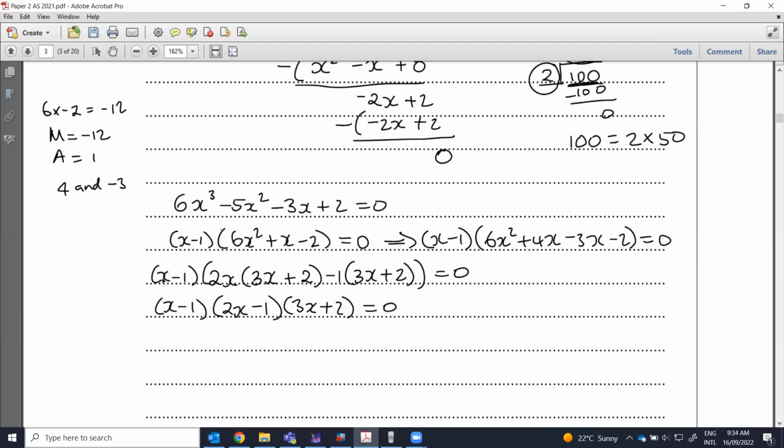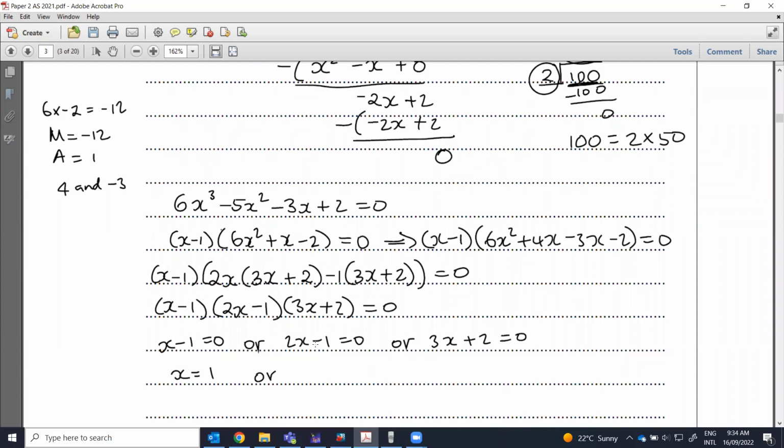Now, the zero product rule says that if you multiply any number of terms together and the answer you get is 0, that means one of them at least must be 0. So this would mean that x minus 1 is 0, or 2x minus 1 is 0, or 3x plus 2 is 0. So if x minus 1 is 0, this means x is equal to 1.